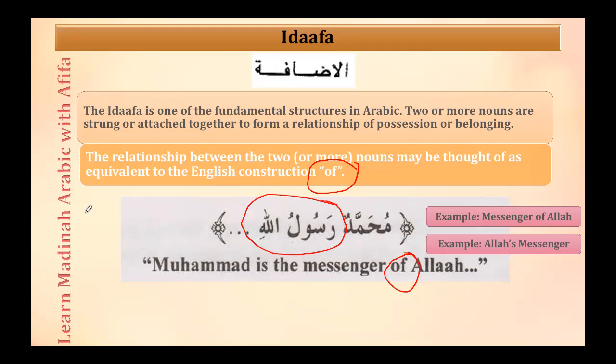In English, we can also say Allah's messenger with an apostrophe S. In this case, Allah comes first, but here in Arabic, Allah comes after. Allah is the possessor, and the thing possessed is Rasul, and that comes first. So we will look at more examples to understand this construction.